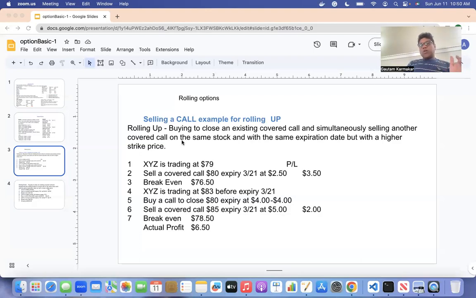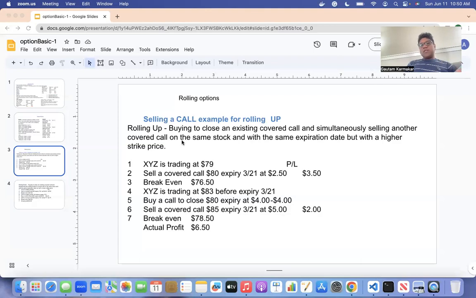So now that the contract is out, you close that covered call and sell another covered call, because now you have the stock and you are not in an agreement. You sell another covered call with a higher strike price, $85.